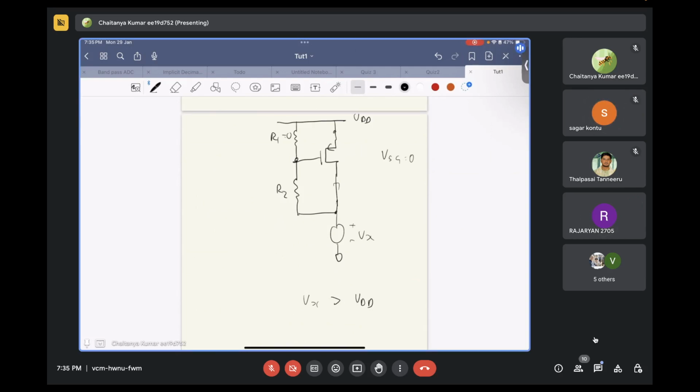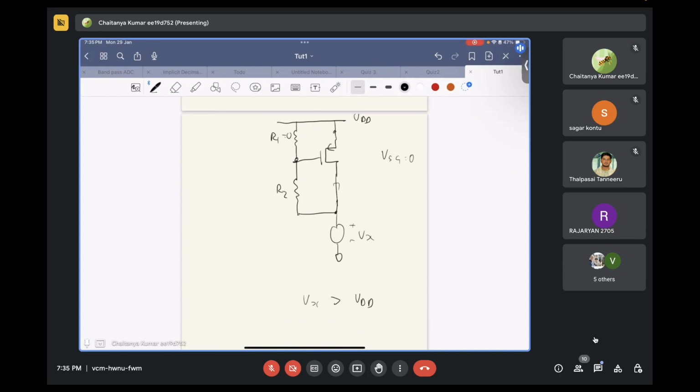It will not turn on instantaneously. It will turn on after Vx is a certain value greater than VDD. You can calculate what value of Vx it has to be. But my point is that unlike your BJT device, where the doping decides which is collector and which is emitter, your MOSFET device is a perfectly symmetrical device.